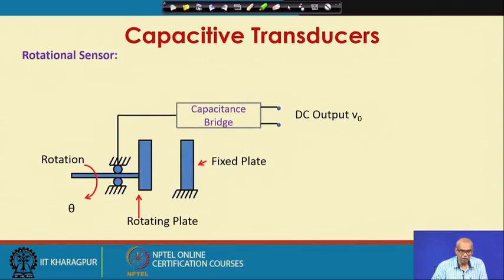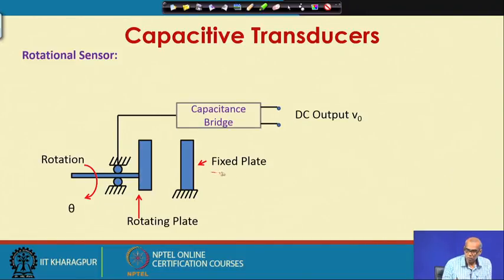So, this is the schematic of the rotational sensor. So, these capacitive transducers can be used to measure the angular rotation.